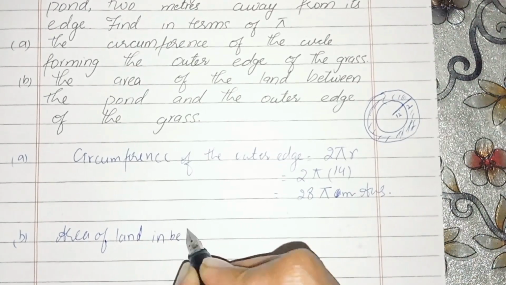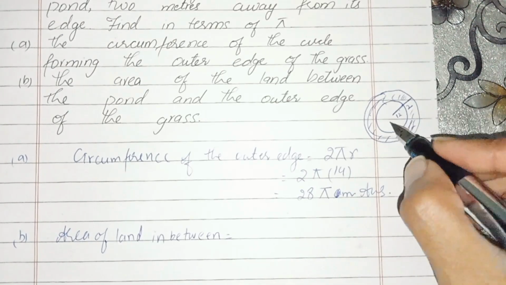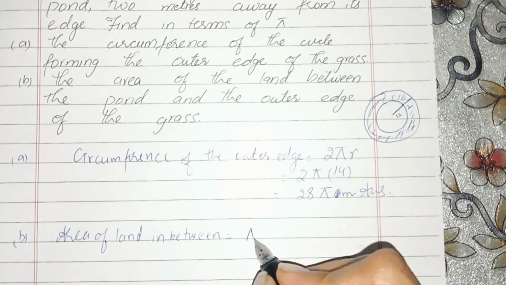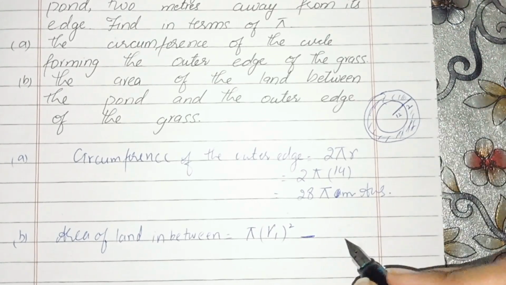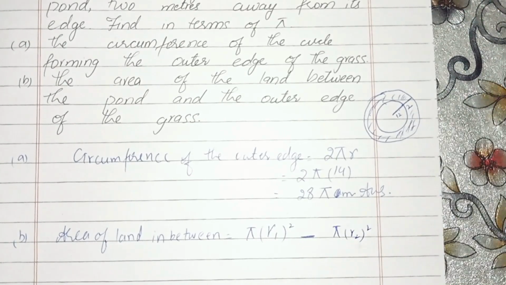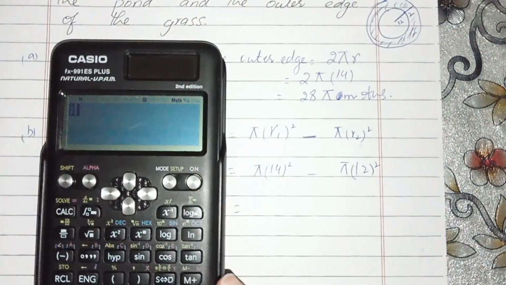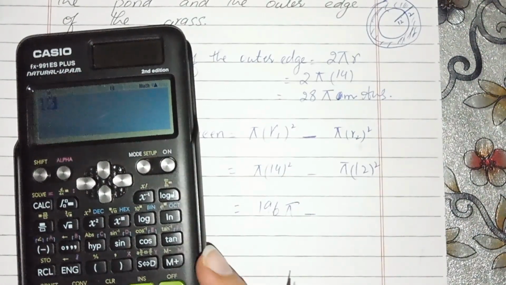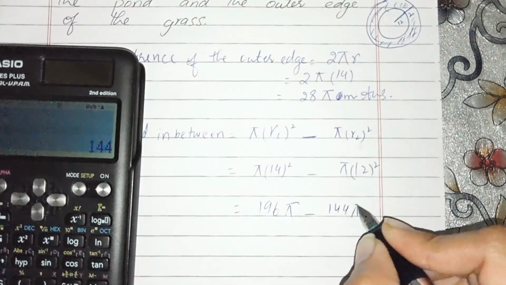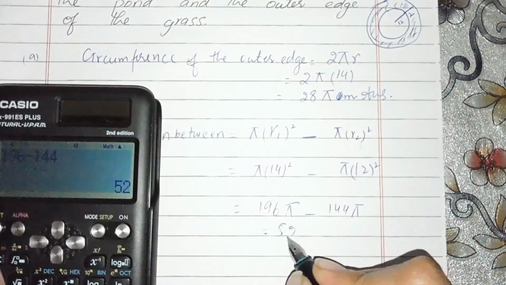Area of land in between is equal to total area, and its radius is 14, pi r square, and we have to subtract the area of the pond, and its radius is 12. 14 square minus 12 square. 14 square we get 196 pi minus 12 square we get 144 pi. 196 minus 144 we get 52 pi.